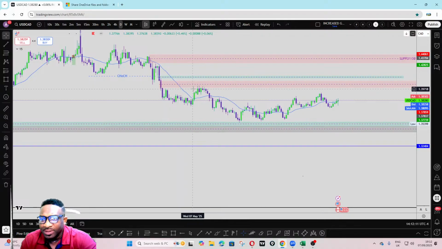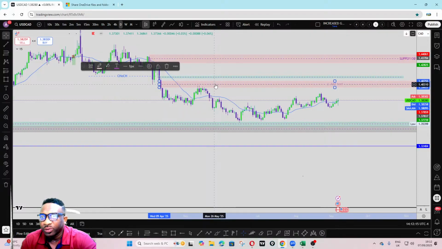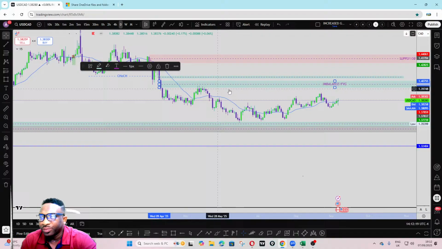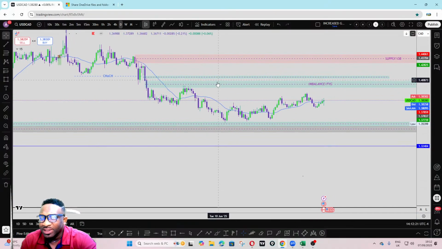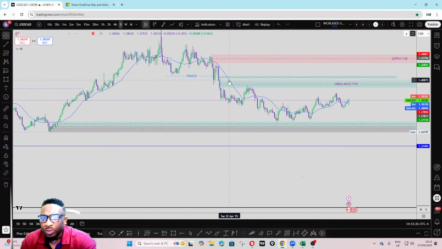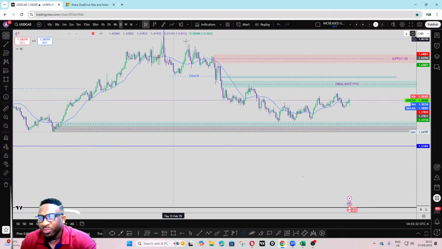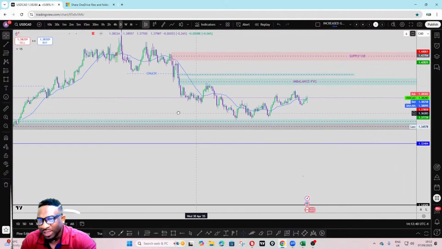So as we can see on the daily, this area has been partially filled, not fully filled. So that is an area of imbalance as well. That has been partially filled, and we have another area here. So reading from the market structure, we had a break of change of character right here, and then we expect price to come back to tap into and fill the imbalances along the way and tap into the demand area, which I believe has been done now.